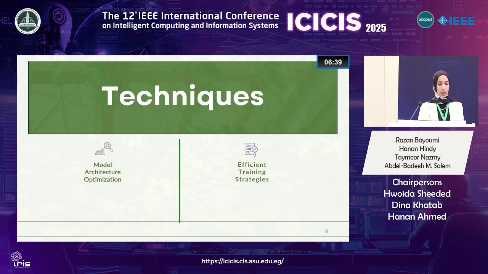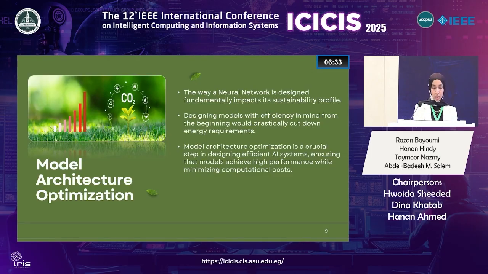Mainly, we classify them into 2 categories: model architecture optimization and efficient training strategies. The first one mainly covers the techniques we need to pay attention to while building the architecture itself, because the layers, neurons, and weights and their connections to each other have a great impact on the training after that.